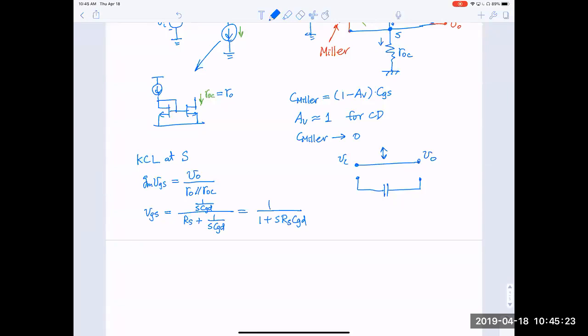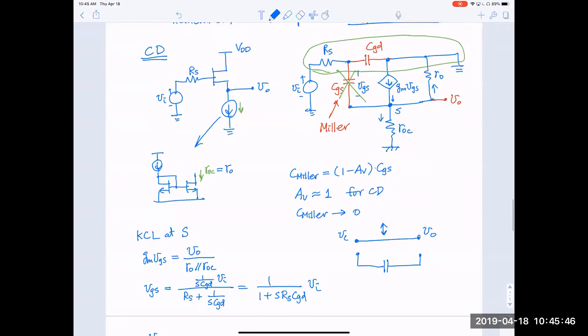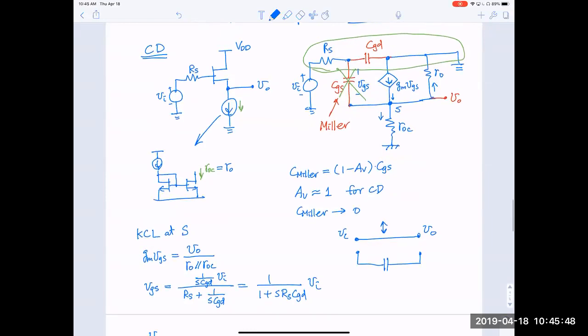And so you say VO is, sorry, we need a VI here. We cannot drop VI. So VO divided by VI is equal to, did I leave one term out? I left out one term.